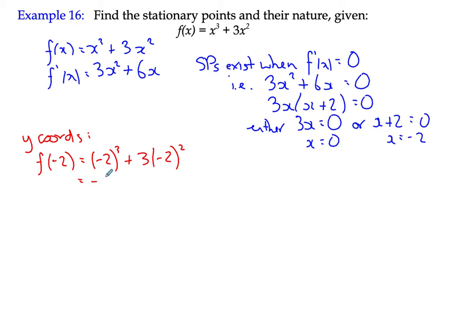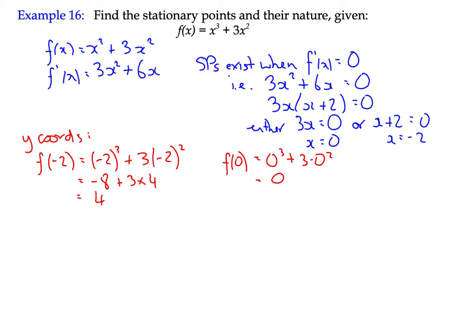Negative 2 cubed is negative 8 plus 3 times positive 4. That's going to give me negative 8 plus 12, which is positive 4. And for f of 0, that's slightly easier to work out. It's just going to be 0.